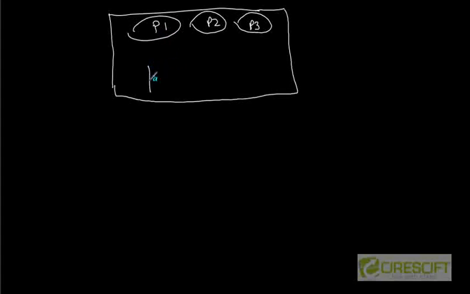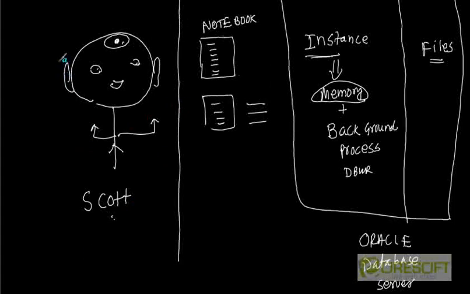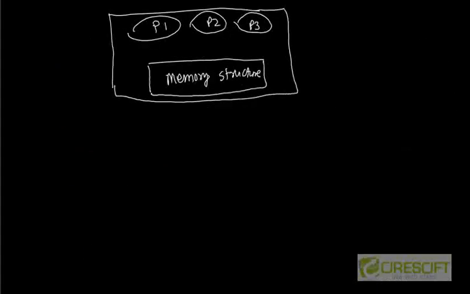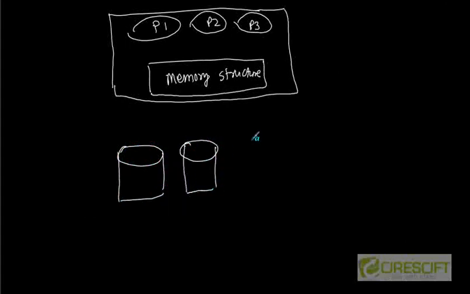And then we have a memory structure. And then the equivalent of the notebooks that we saw in our human example, we have something called database files. Okay, so this is called the instance.